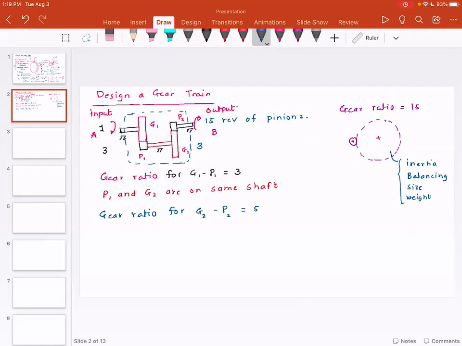So this is the gear train, and you could have multiple gears attached together. So there could be another gear pair, pinion and gear.